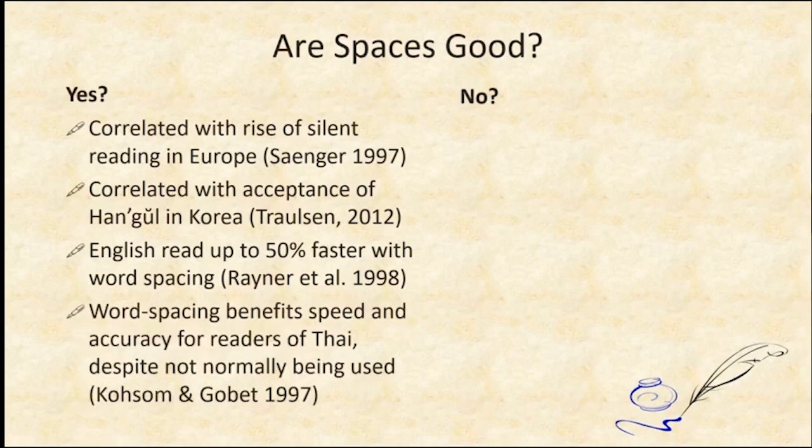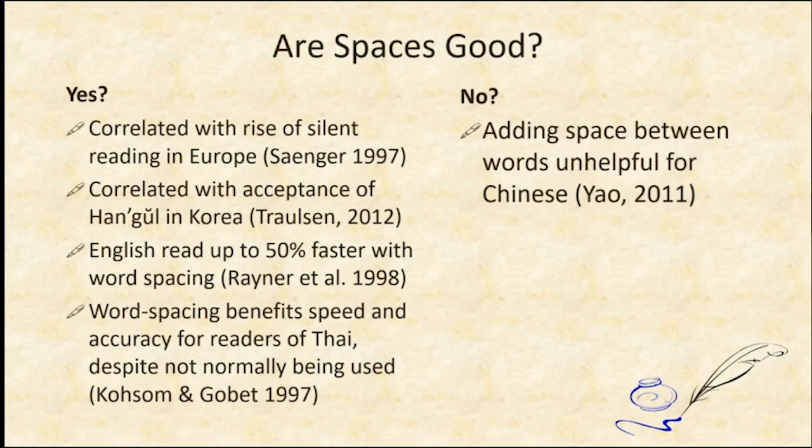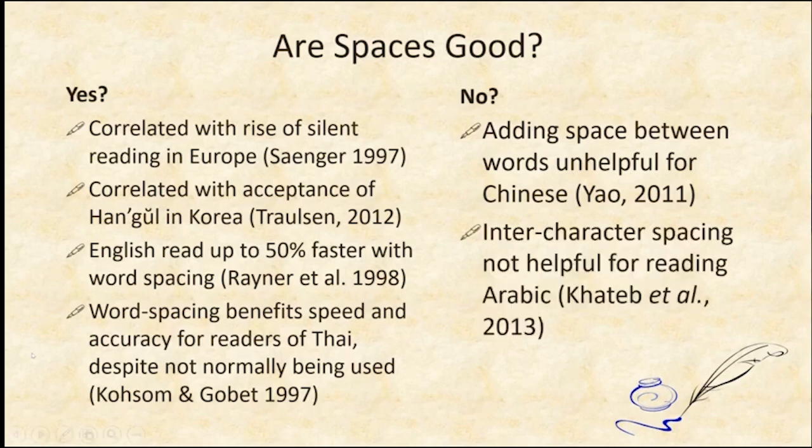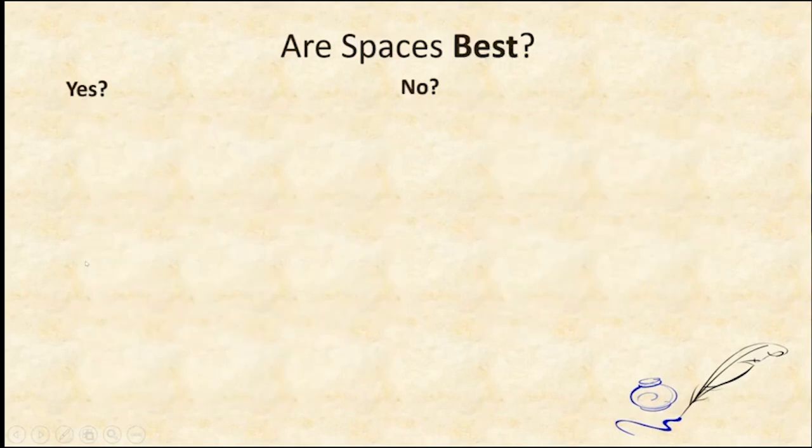And word spacing benefits speed and accuracy for readers of Thai, even though they don't normally use it. On the other hand, adding space between words is unhelpful in Chinese, and intercharacter spacing has been shown not to be helpful for Arabic. So there's nuance here, and we need to be careful about what kinds of conclusions we draw from and apply from one writing system to another.